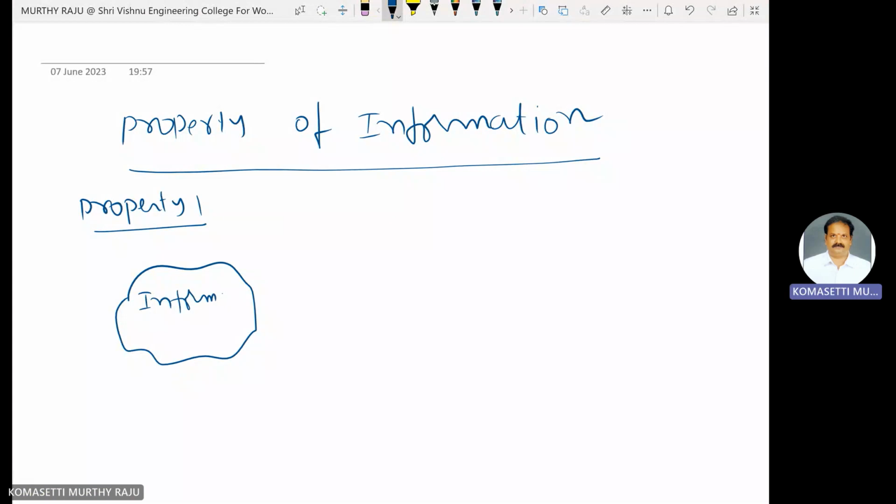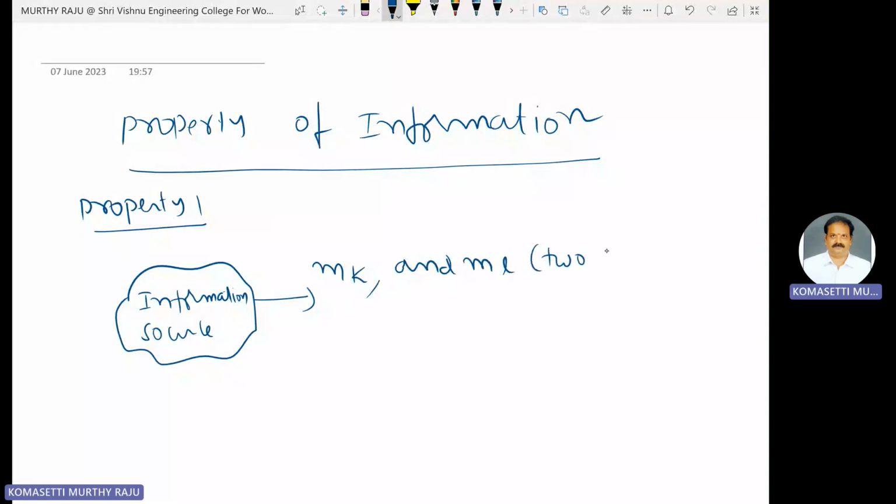This information source generates two independent messages, M of K and M of L.